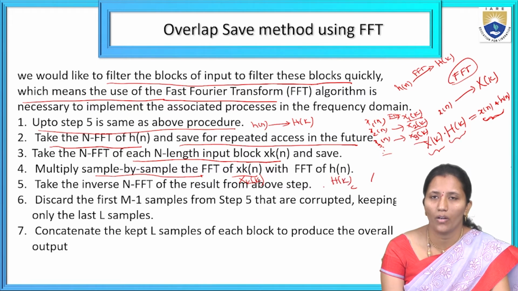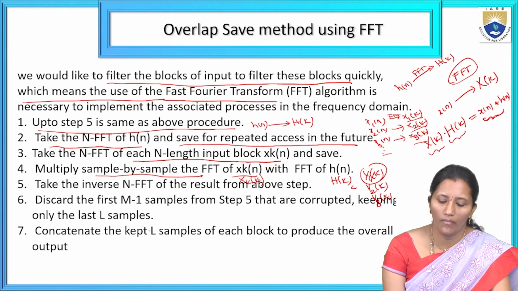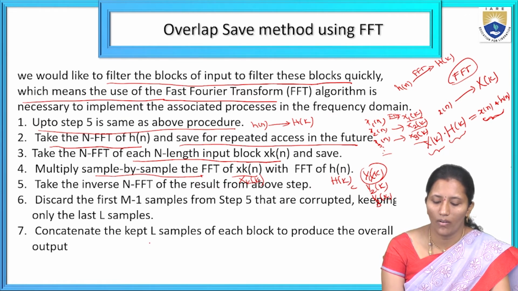Each block is multiplied with the frequency domain samples of the impulse response, and we get y1 of k, y2 of k, y3 of k. Further, to get the time domain signals y1 of n, y2 of n, y3 of n, we apply the inverse Fourier transform, the IFFT.